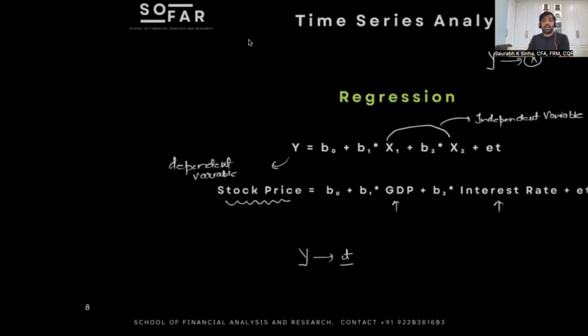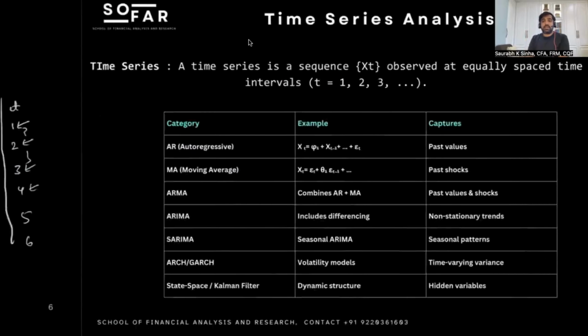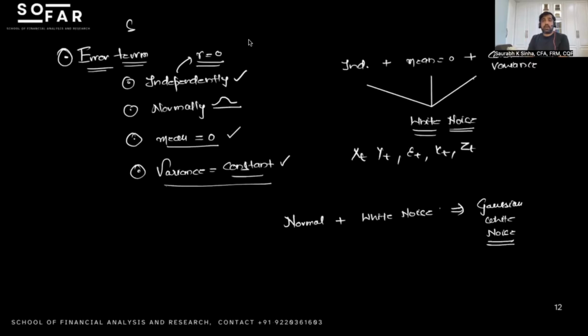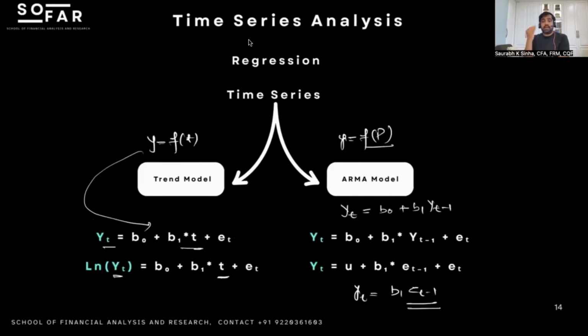What I'm trying to say is, you have written this equation in the trend model: yt is equal to beta naught plus b1 into time plus error term. This error term has to be at least white noise, and in some cases, it has to be Gaussian white noise.